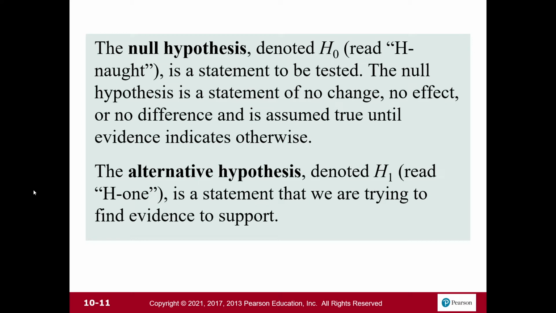The alternative hypothesis is denoted as H1. Sometimes you may see H sub A, little a, which stands for the alternative. But in this case, it's H1. And this is a statement that we are trying to find evidence to support.